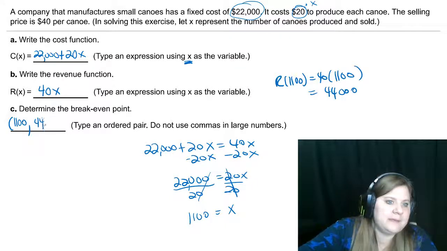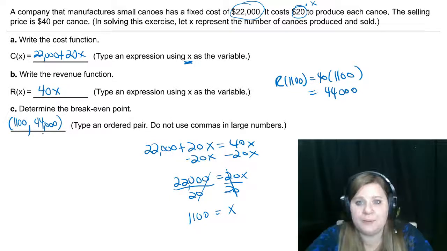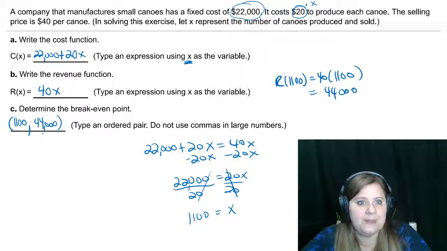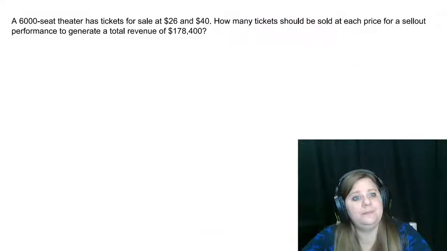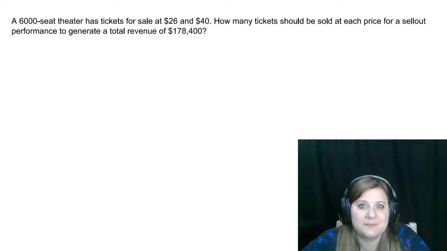So my break-even point is at $44,000. Notice that you don't put units there, okay? If they ask you to write a sentence, you do write a sentence. Now, this one will definitely be a sentence. Go ahead and read it and try it.